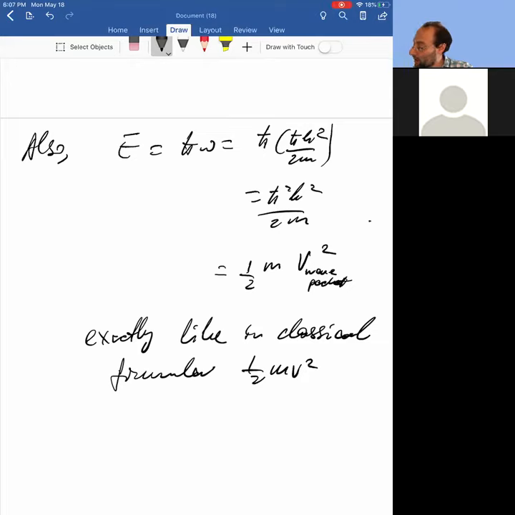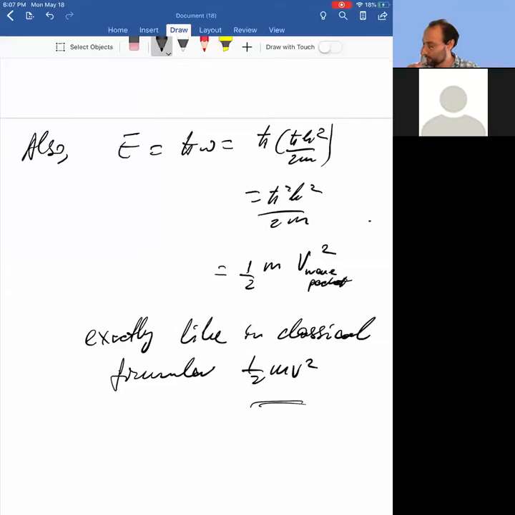In contrast, if you use the velocity not of the wave packet, but the velocity of the wave, of the harmonic, you would be off. You would get the wrong answer. You would not get the classical expression. That's what I'm trying to say.